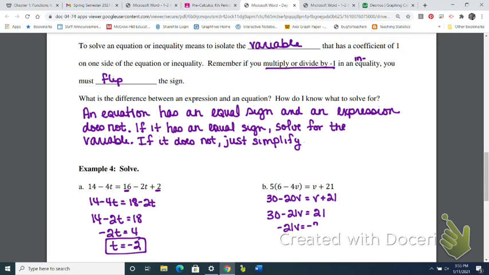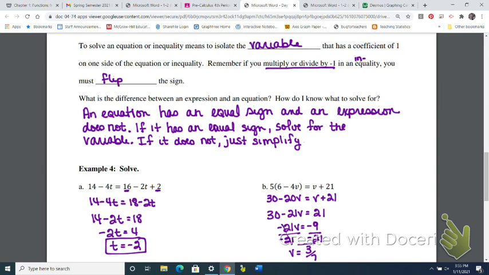I get negative 9. And now we divide by negative 21. So I end up with v equals 3/7.